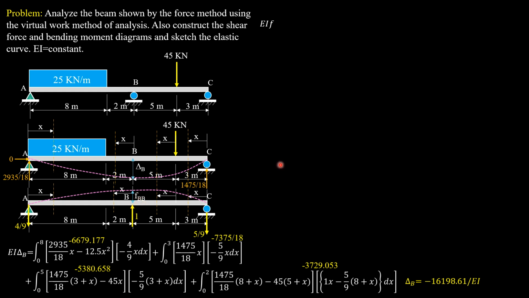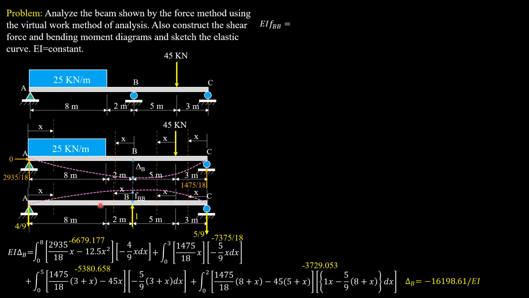By virtual work, EI times FBB is equal to the following. Take note that we imagine this load here is 1 kilonewton, and these are in kilonewtons also. Then small m will have no units anymore.